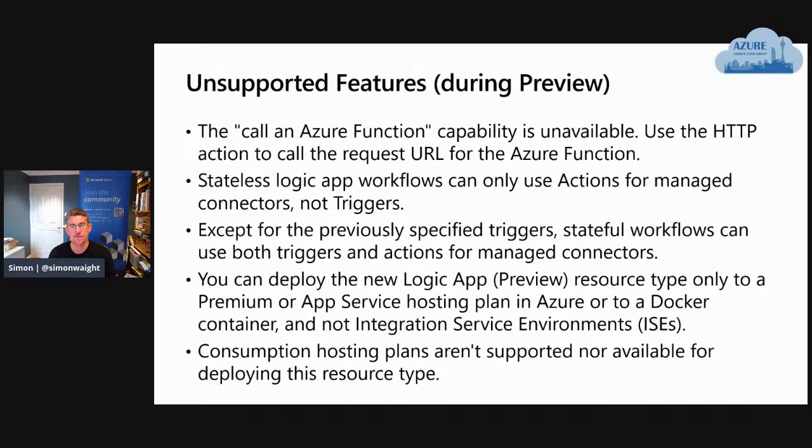At the moment with the preview, call an Azure function isn't available to you, but what you can do is have an HTTP triggered function and then use the HTTP action to actually call that function, which is effectively what's happening underneath the covers with the call Azure function capability, with a little bit of authentication secret sauce baked in, but you can achieve the same capability using Azure functions.